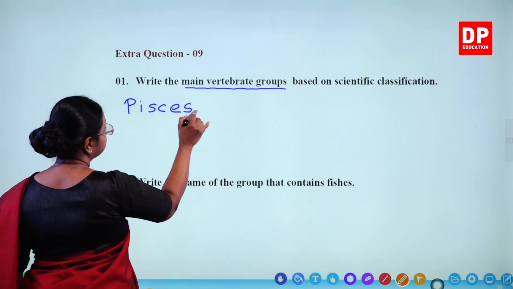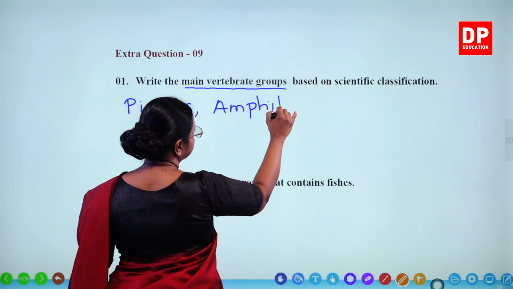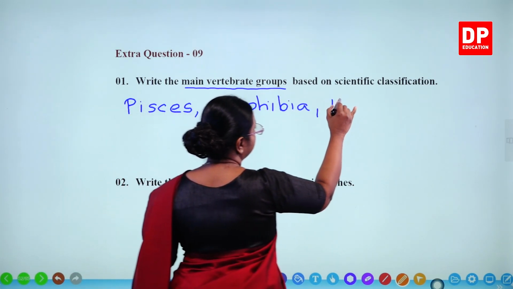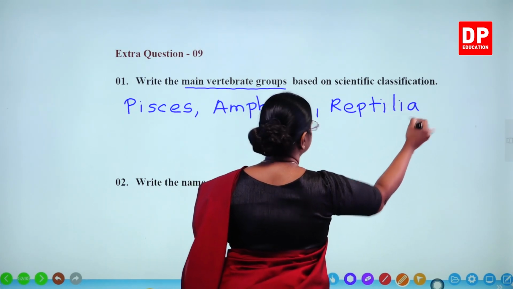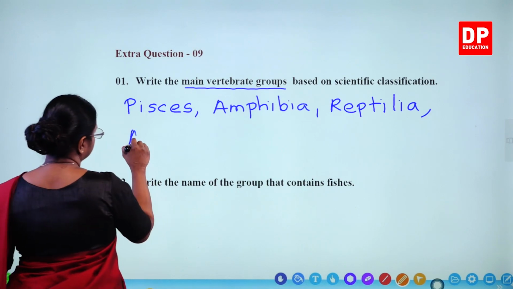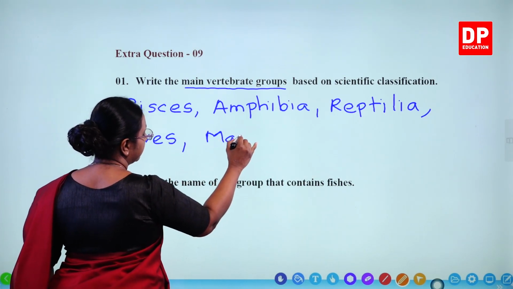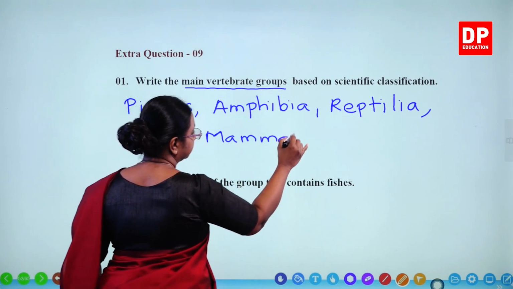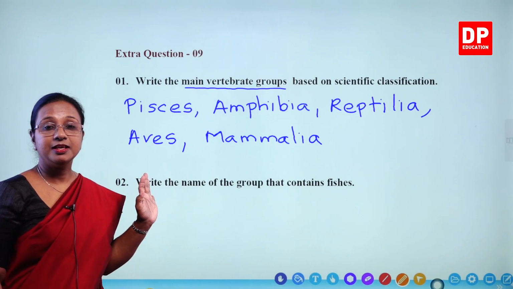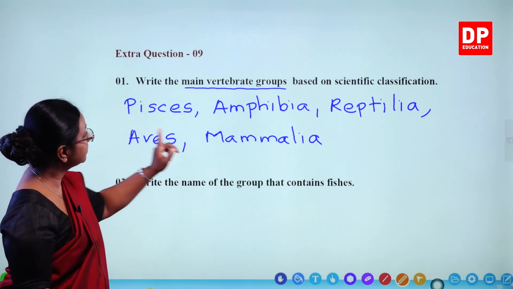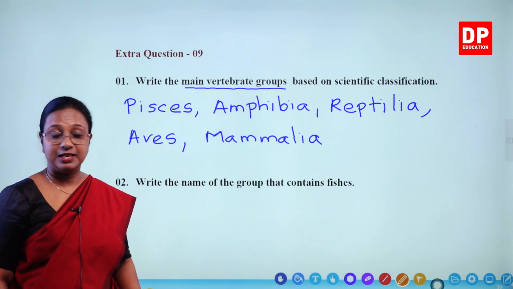Fishes, amphibia, reptilia, aves, and mammalia. Did you all write it correctly? Yes. Fishes, amphibia, reptilia, aves, and mammalia.